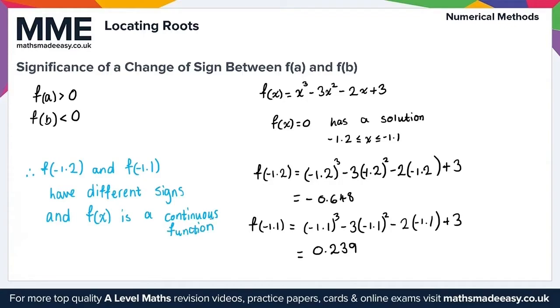So therefore there is a solution in the interval of minus 1.2 to minus 1.1 there. Okay, so that gives us everything we need there for the significance of a change of sign between f of a and f of b.